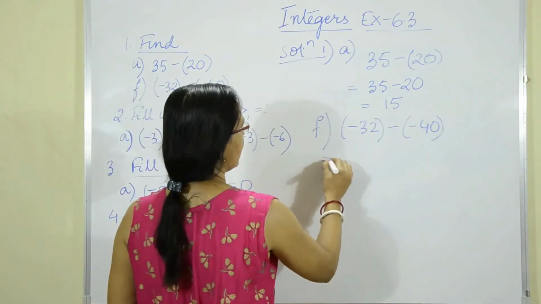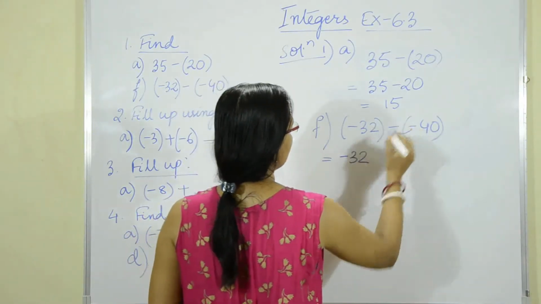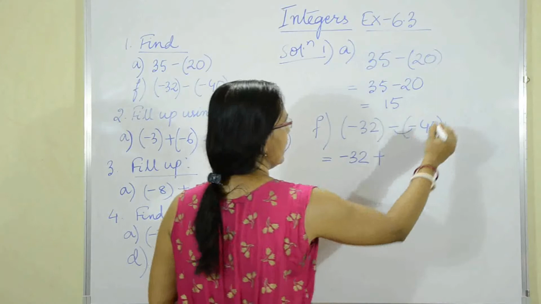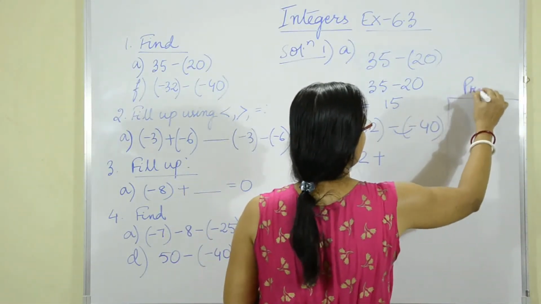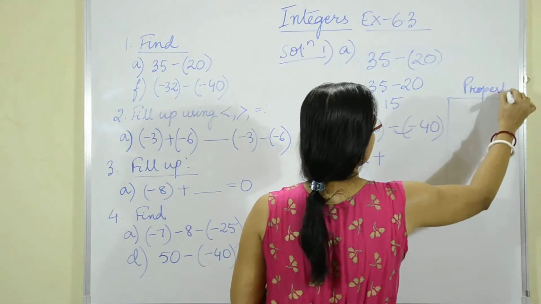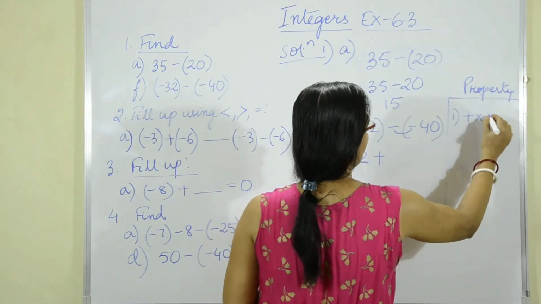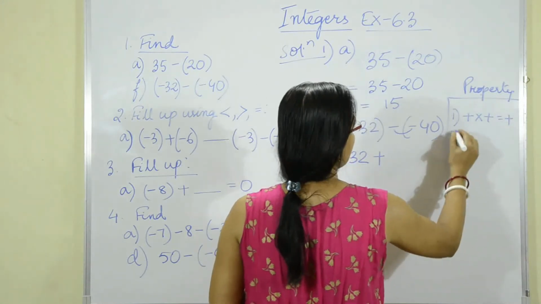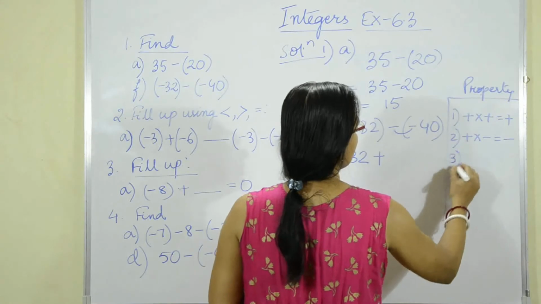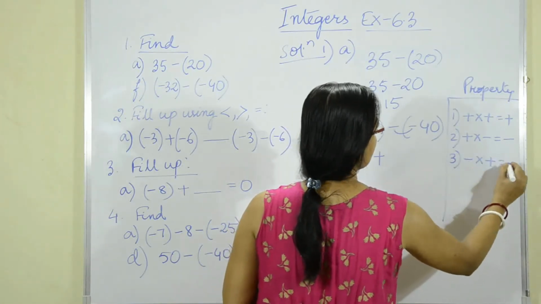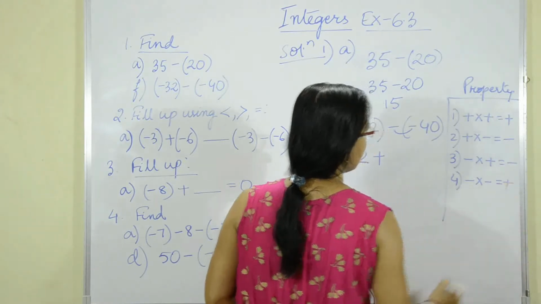Now in the last class also I have shown you minus 32. Now minus into minus becomes plus. I hope you remember the property. I am writing it here again. The property: plus into plus is plus, plus into minus is minus, minus into plus is minus, and minus into minus is plus.